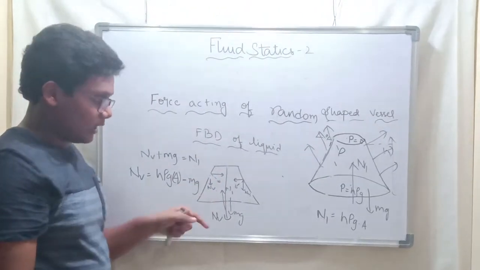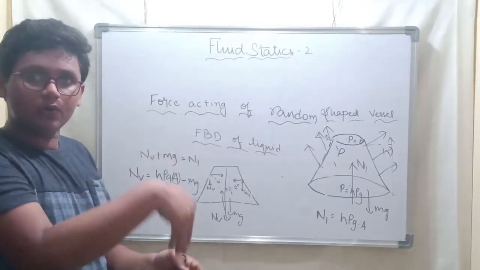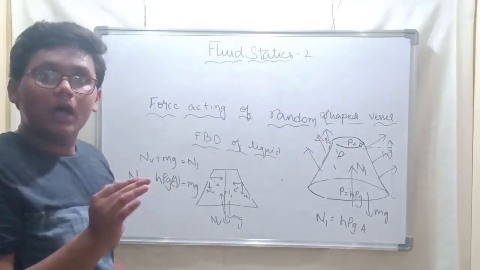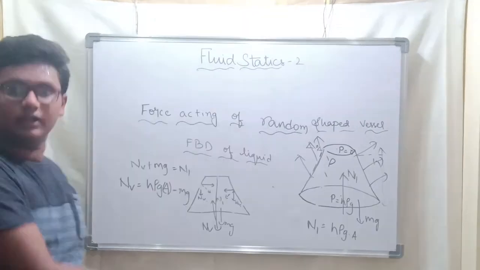So the resultant of every molecule will be downwards, NV. By adding NV1, NV2, like that for many molecules, we will get NV downwards.